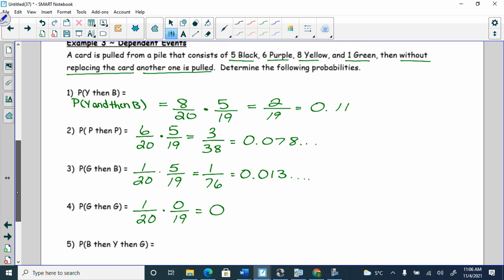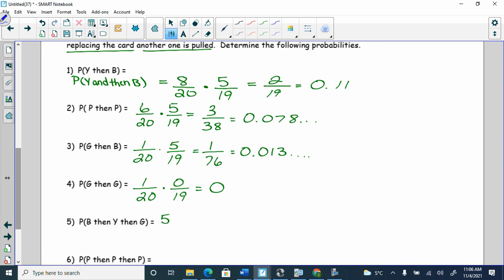Then this one's black, so there are 5 out of 20. Then yellow, 8 out of 19. And then green, 1 out of 18. So what do we get? 1 over 171, which is 0.005.